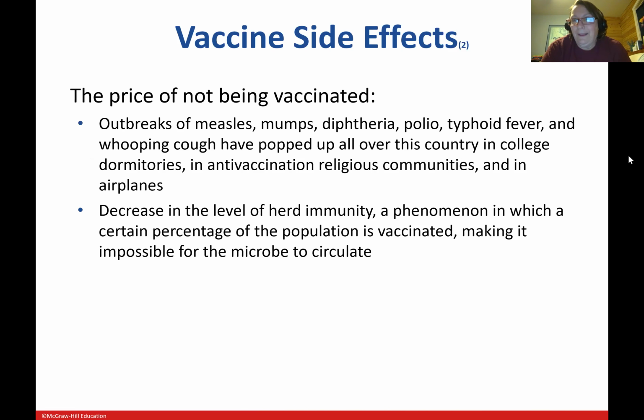Also airplanes. Definitely, when people are just really close to each other, if one person is sick, it's pretty easy to pass it to the surrounding people. Some religious communities, for example the Amish, do not vaccinate their children. They in fact are one of the few places where measles is still pretty common, and they have measles parties.